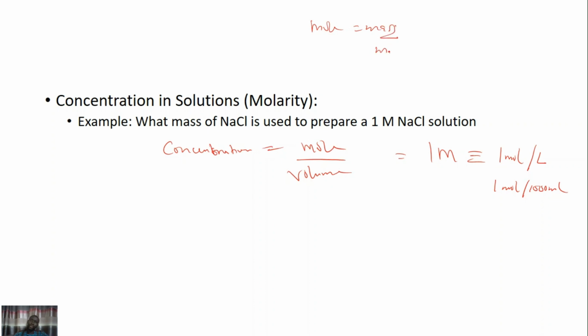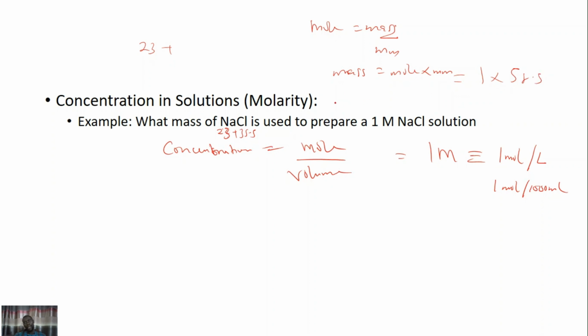To get the mass, it will be equal to mole times molar mass. If we replace this 1 mole in the equation, it will be equal to 1 mole times the molar mass. What's the molar mass of sodium chloride? That's 23 plus 35.5. I hope you know this is the relative atomic mass of sodium and this is the relative atomic mass of chlorine. This is equal to 58.5. So 1 times 58.5.